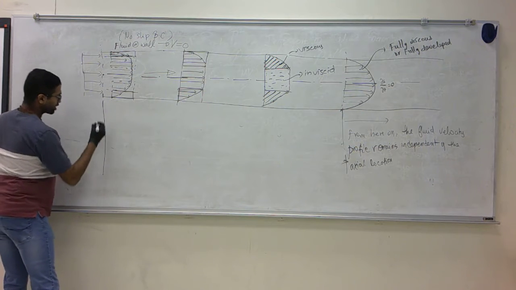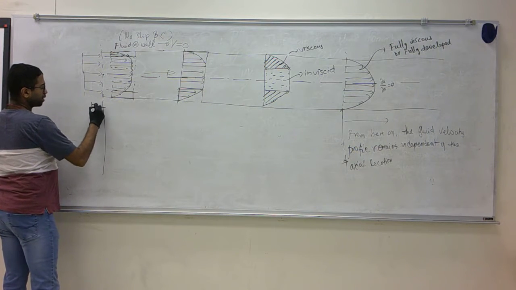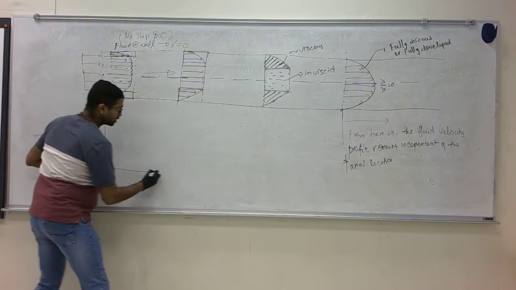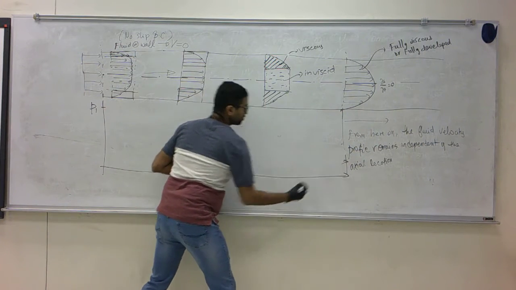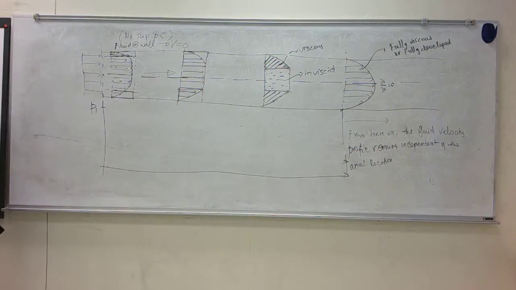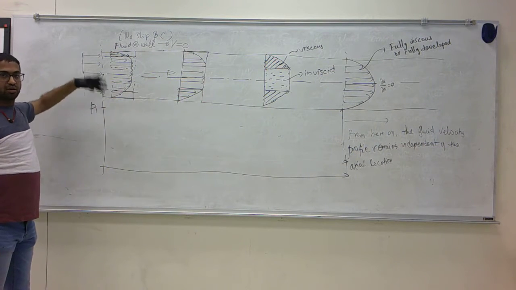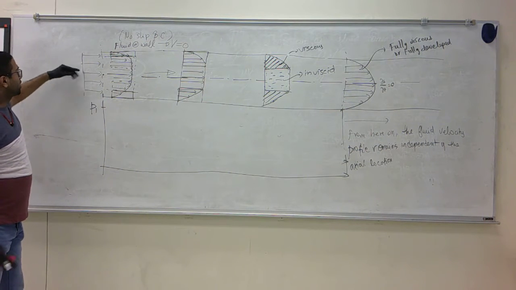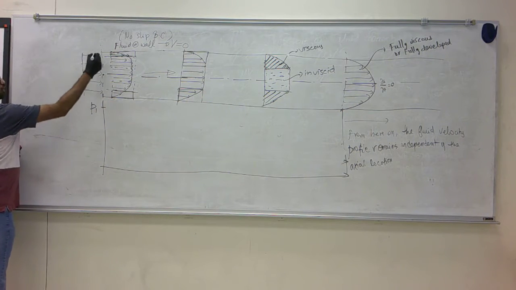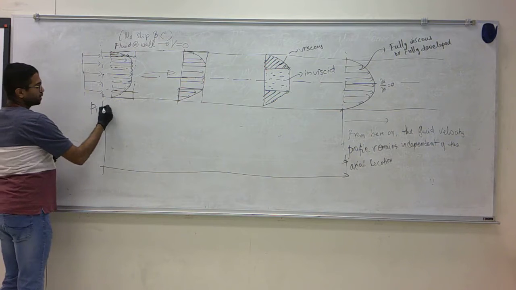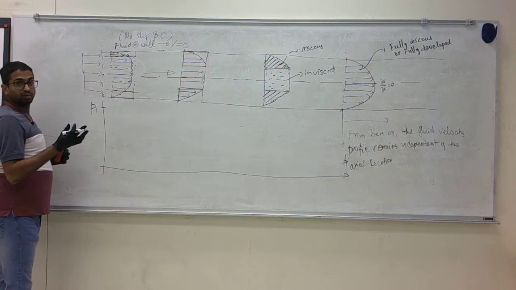Let's say we plot pressure here. If the pressure at the starting point is P1, let's think of the most extreme case, when you have zero viscosity and no shear stress. What will happen to the pressure if you don't accelerate or decelerate the flow? Whatever velocity with which you enter at P1, there is no change in the velocity.